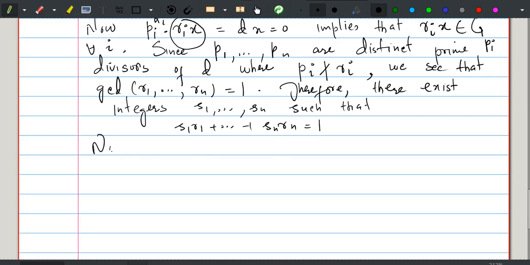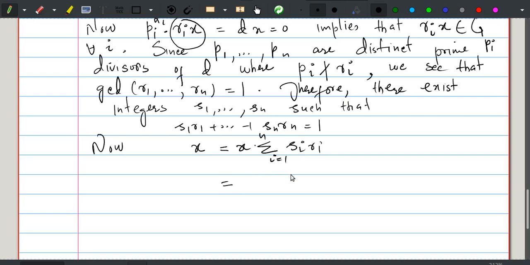Now this x is the same as x times 1. Now this 1 is the same as this sum here, the sum over i from 1 to n of si ri, because this sum is 1. So let's multiply this.